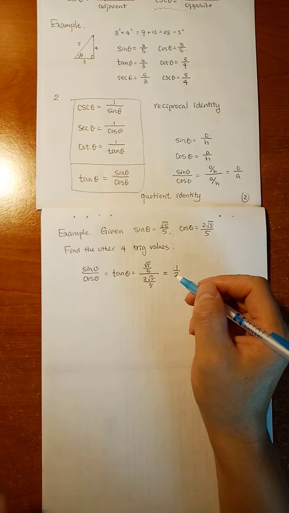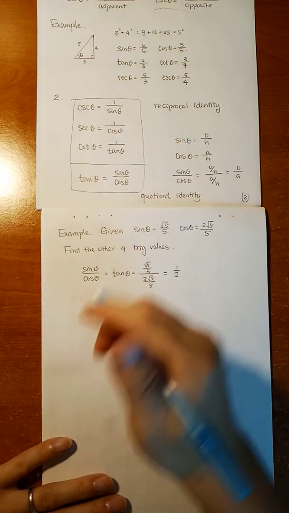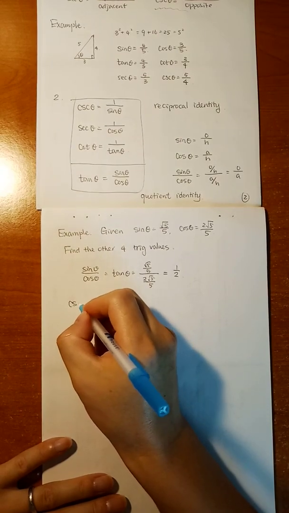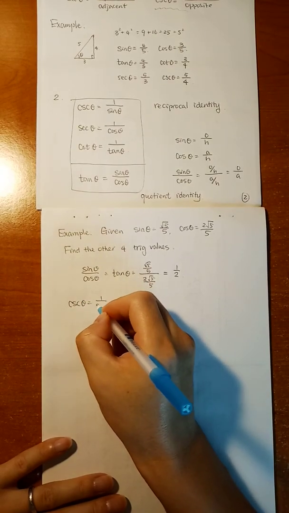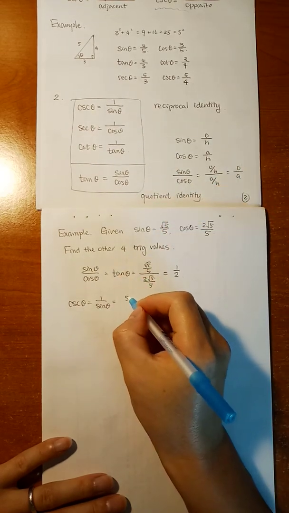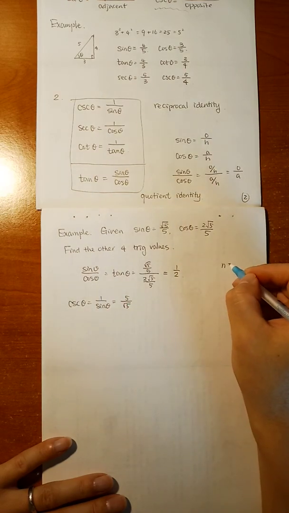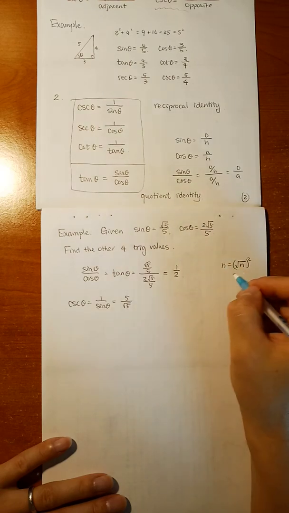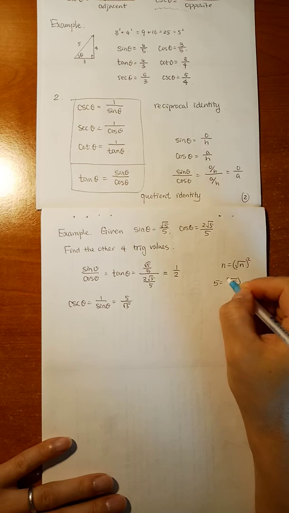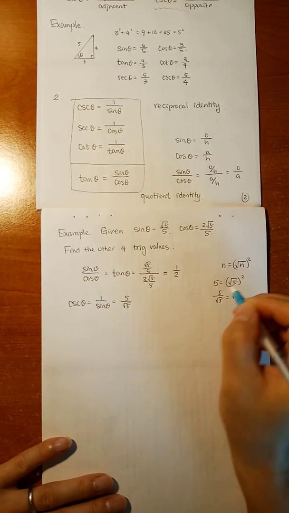Now let's continue this, and we continue by the reciprocal. So cosecant is 1 over sine. So just flip it: 5 over square root of 5. Remember, any integer is the square root of the integer squared. So 5 is the square root of 5 squared. So 5 over square root of 5 is just square root of 5.